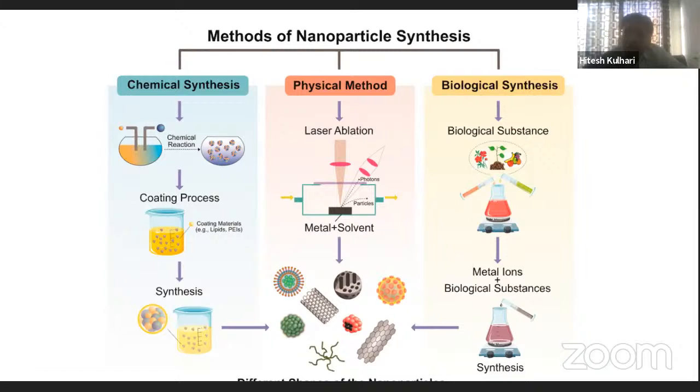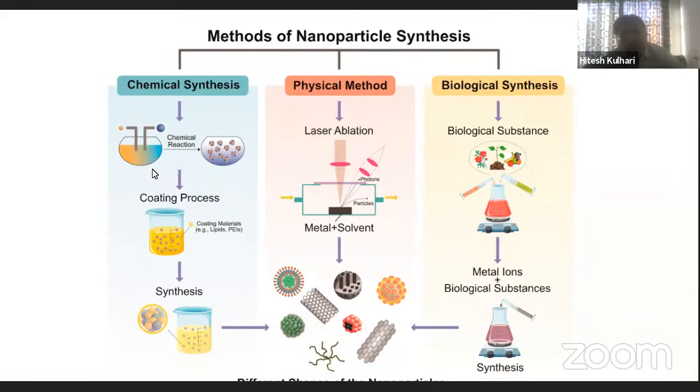Generally, you see, almost every plant has some reducing agent. Those are known as antioxidants, and using those antioxidants we can reduce the charge of metal ions to convert them into the nanoparticle. So basically nanoparticle synthesis can be classified into three methods. In the chemical method we use chemicals.